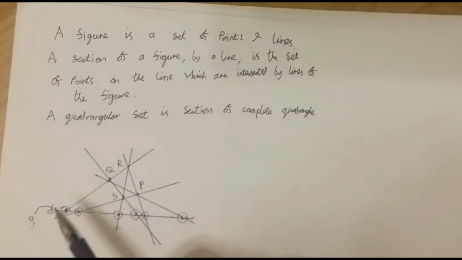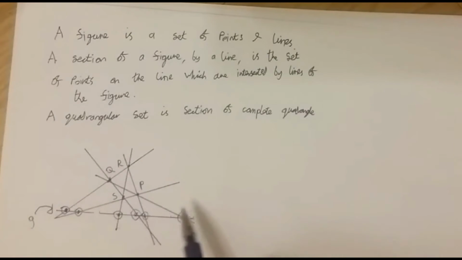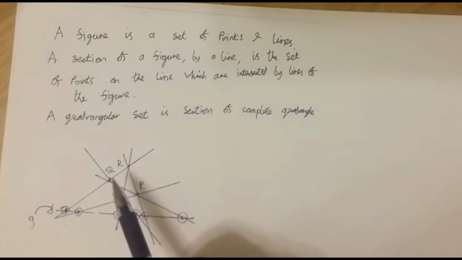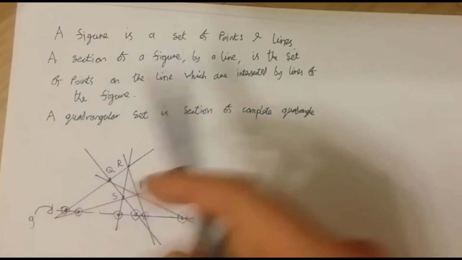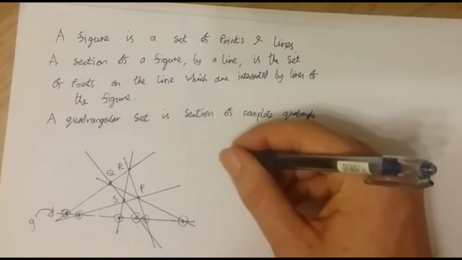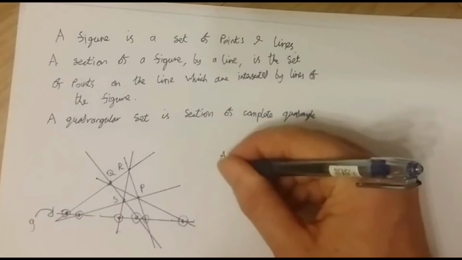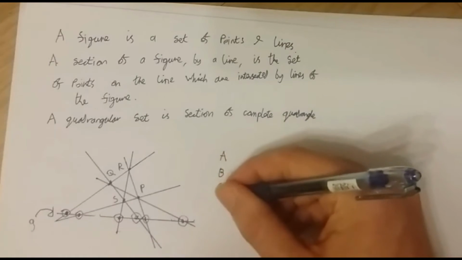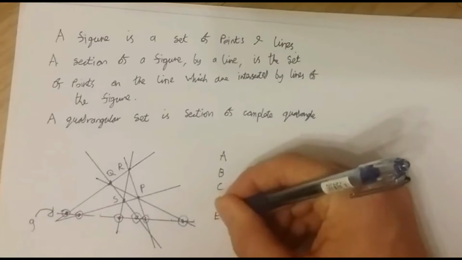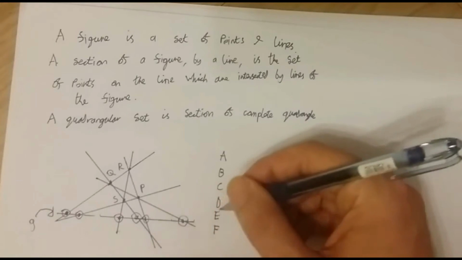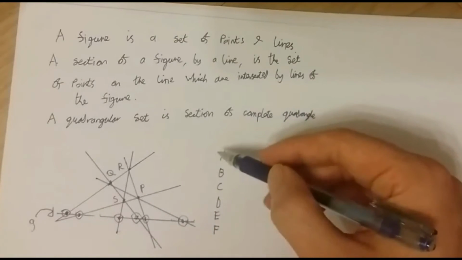And then we're going to name these points on G, on this quadrangular set. There's 6 of them, so we'll call them A, B, C, D, E and F. And the convention for labeling them is a little strange.